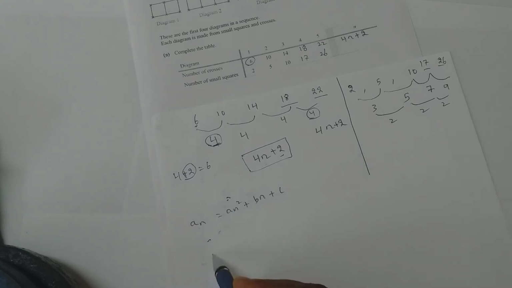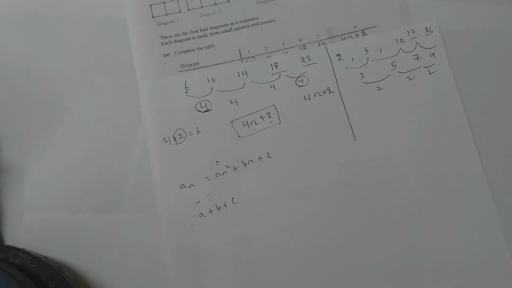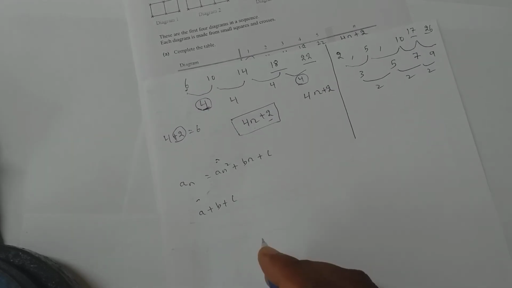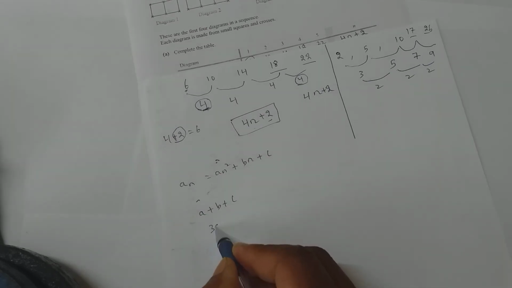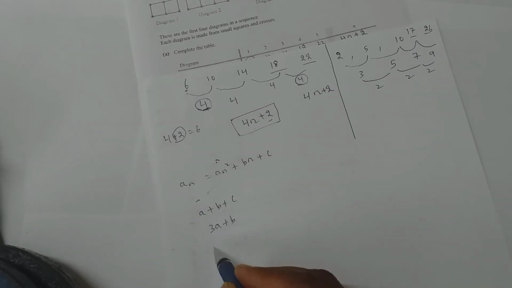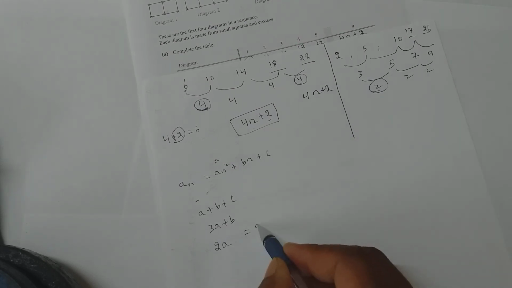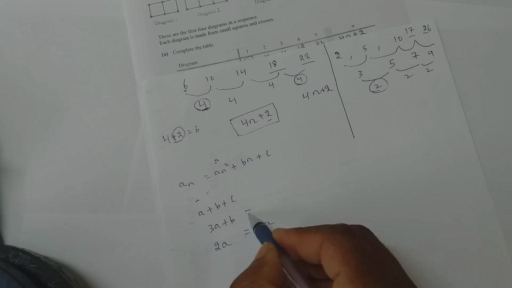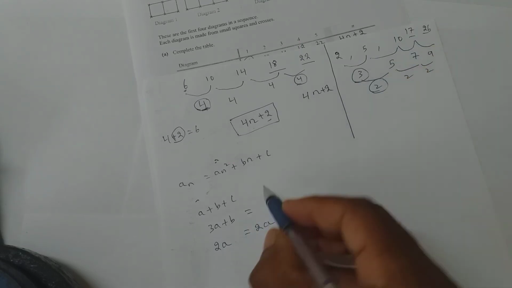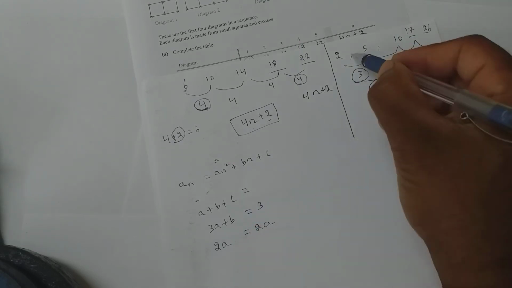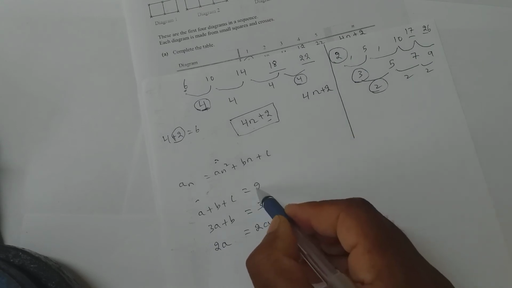The first value is a plus b plus c, and the next one is 3a plus b, and the last one is 2a. That means this becomes 2a, this becomes the above 3, and this becomes the above 2.